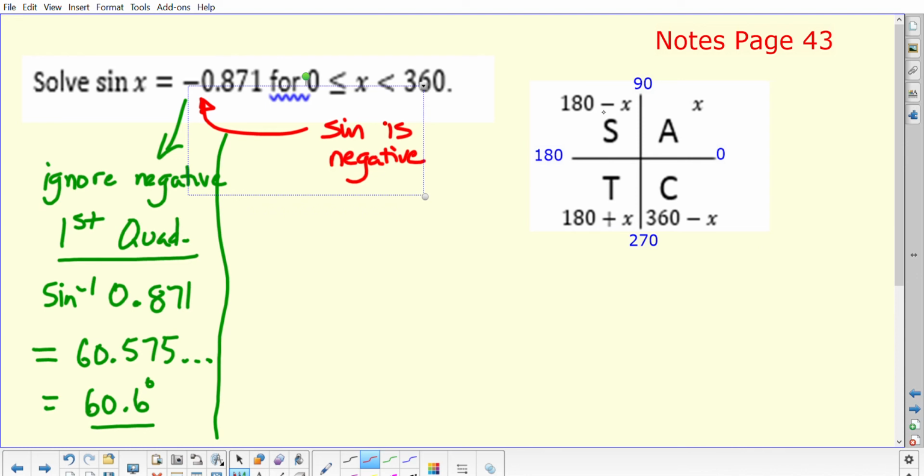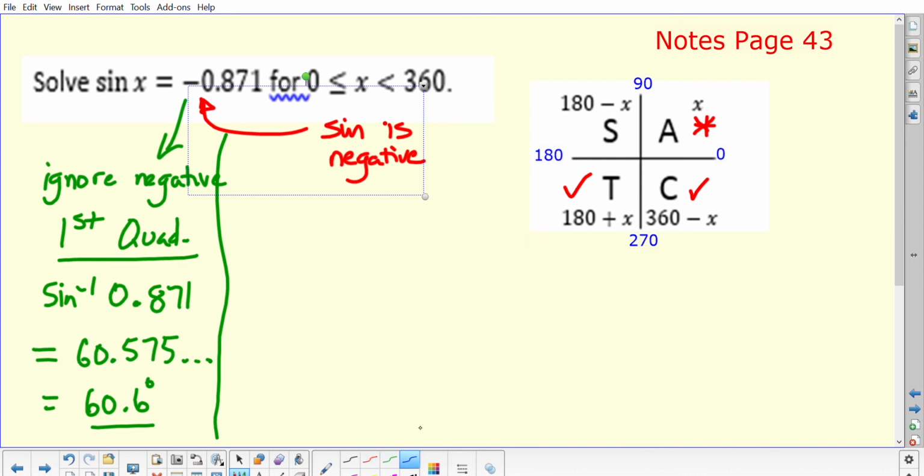In the second quadrant, the sine is positive, so we don't put a tick there either, but we do put a tick in the third quadrant and in the fourth quadrant because the sine is negative in these two places. So that's where our two angles are going to come from. However, as we already said, we need to work out that first quadrant angle, and we've already done that, but that is not one of our solutions.